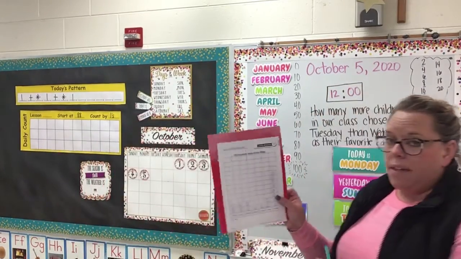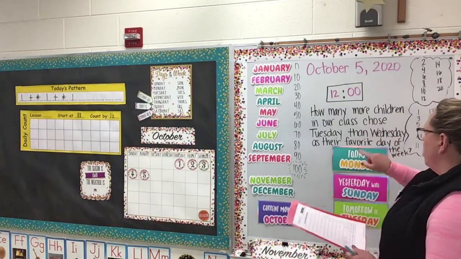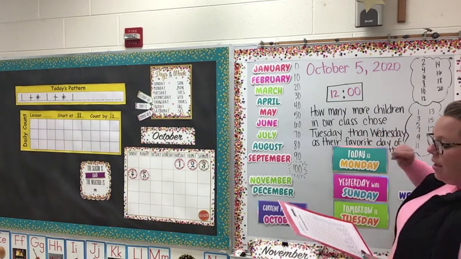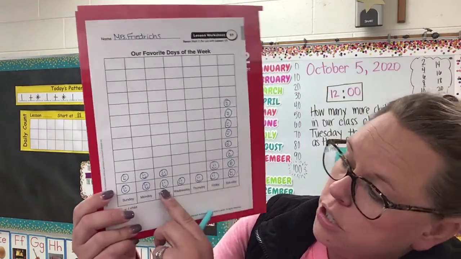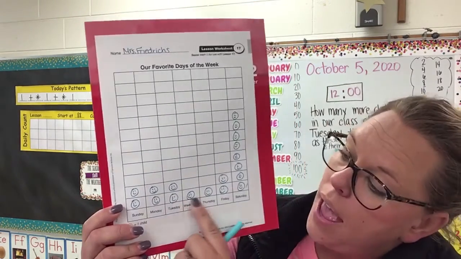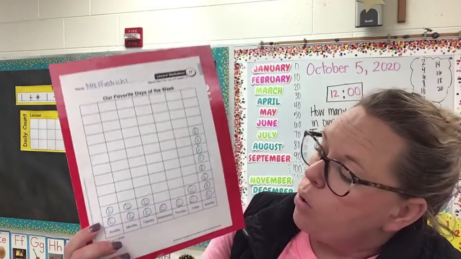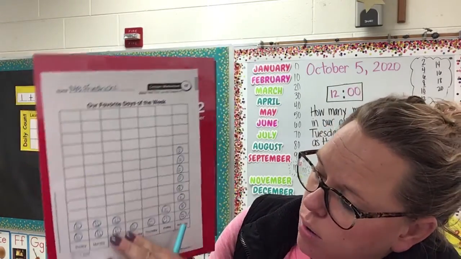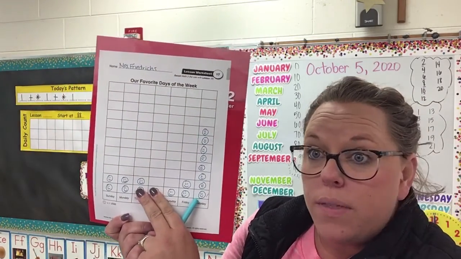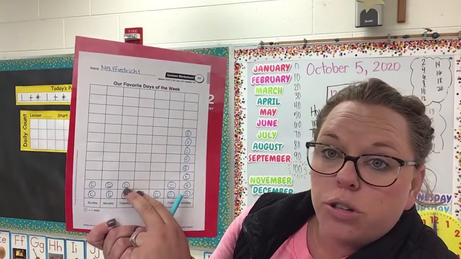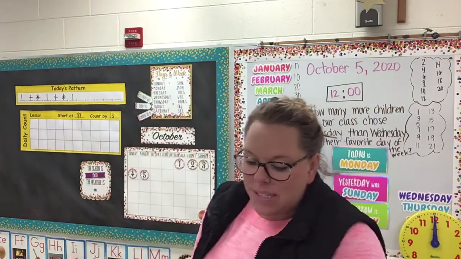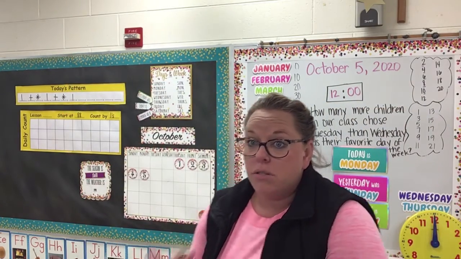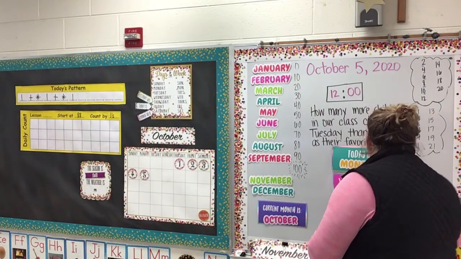Here's Tuesday, and here's Wednesday. Remember that I can say, okay, what's the same? Oh, I've got one that's the same. So how many extra do I have? 1, right. So how many more children chose Tuesday than Wednesday? 1 child did.